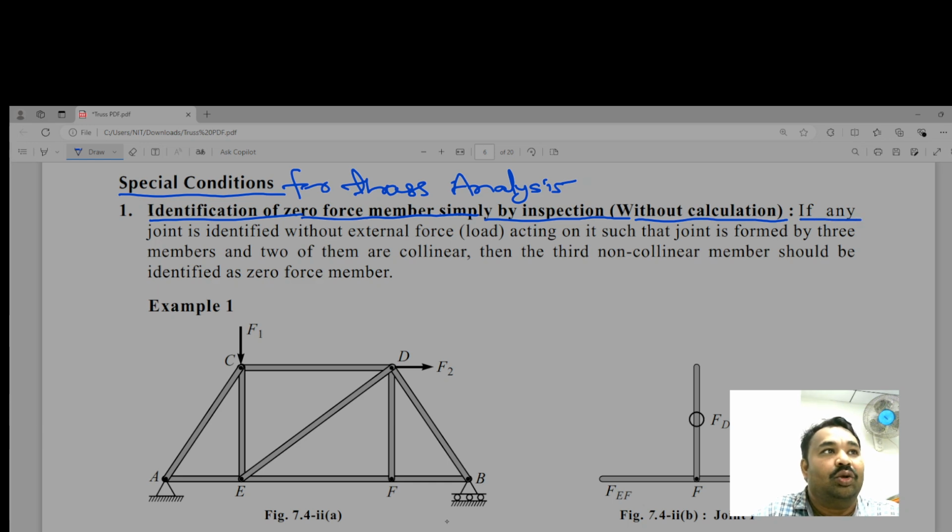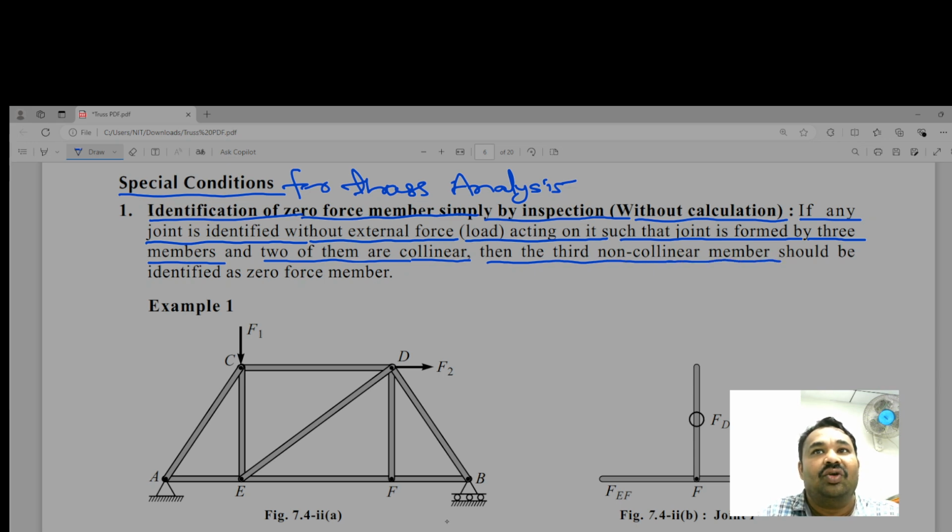If any joint is identified without external force acting on it, such that the joint is formed by three members and two of them are collinear, then the third non-collinear member should be identified as zero force member.